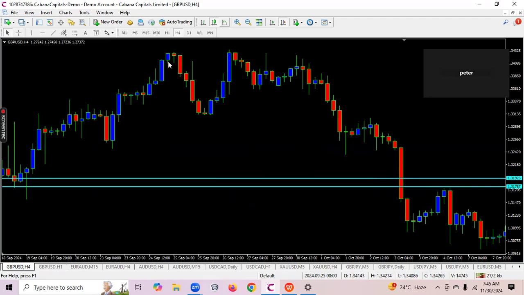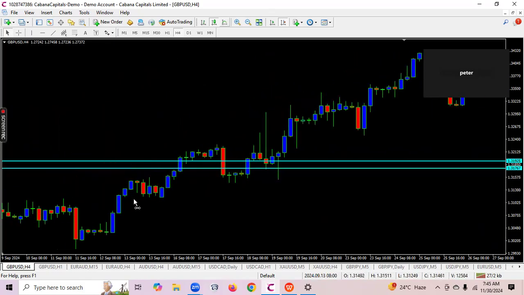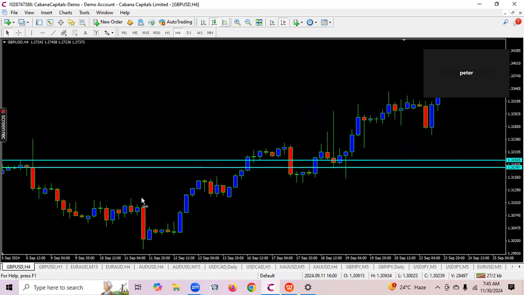It closed below the low of this last bullish candle. So we can also call this an engulfing candle. In this case, this indicates a change in trend from bullish to bearish. Okay, so let me show you more examples of engulfing.